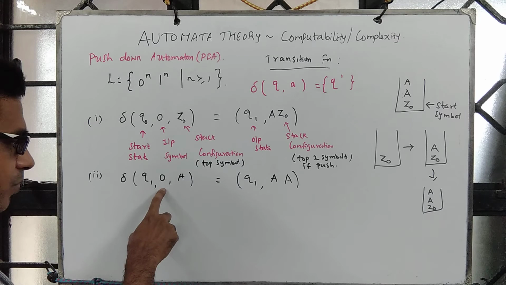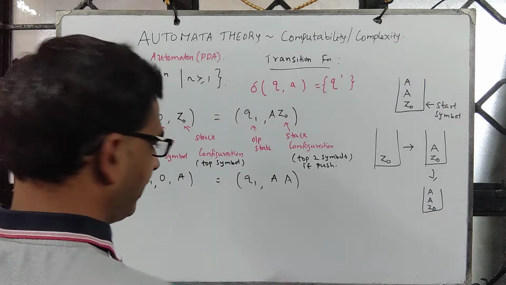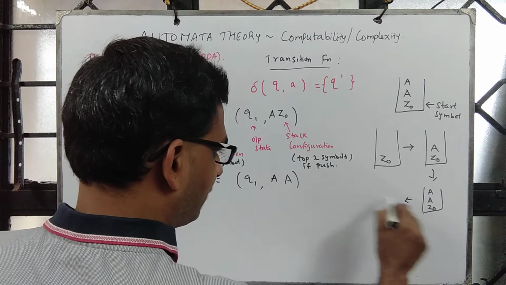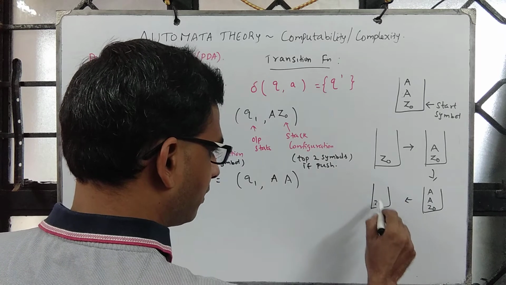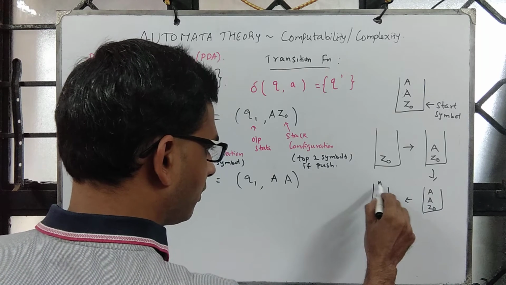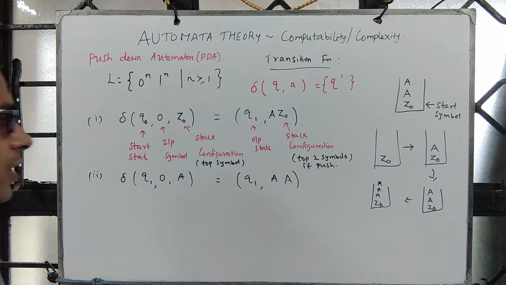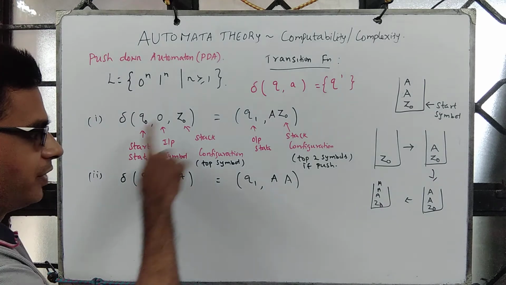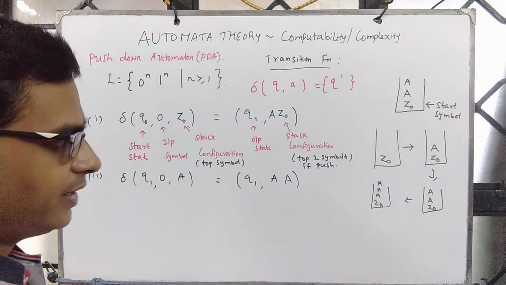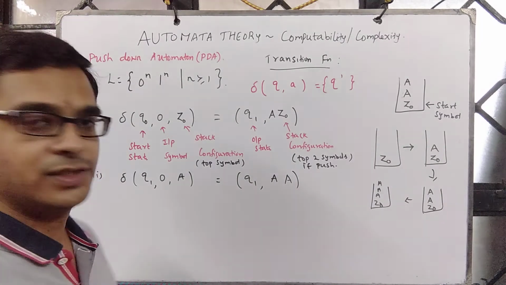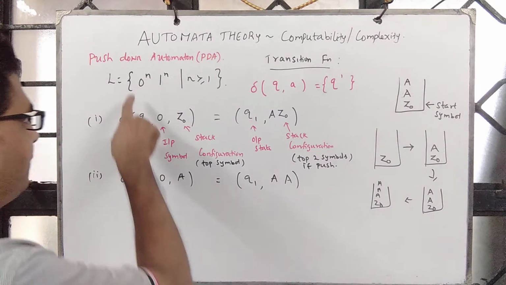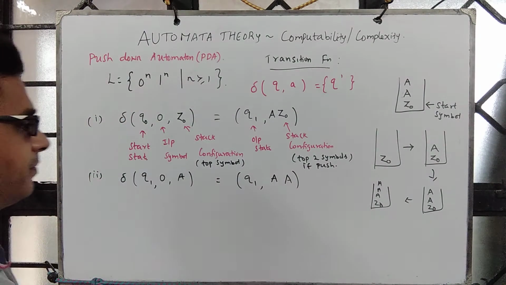At Q1 we read one more 0, the top symbol is A, and that becomes Z0, A, one more A. With this, you can completely read all of the zeros, meaning the first part of the input string.